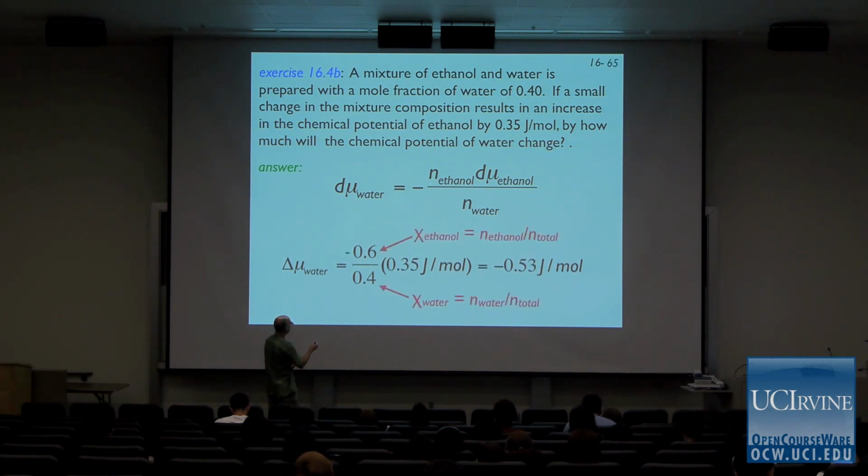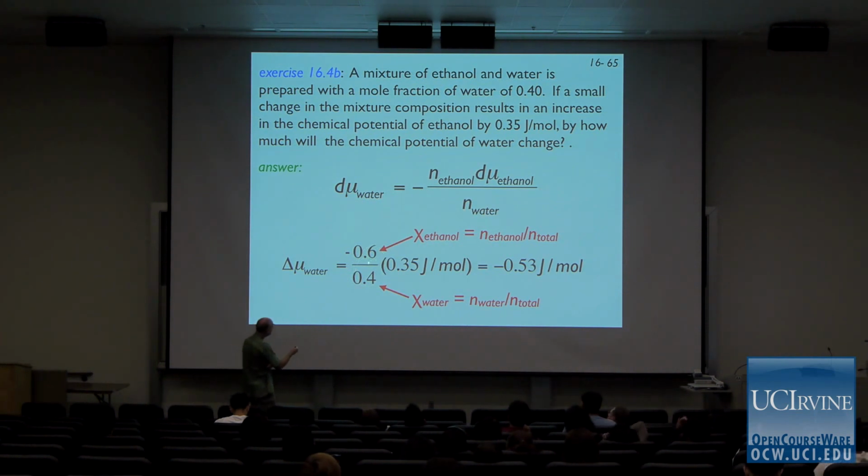The mole fraction is the number of moles of ethanol divided by the total moles in the system. We usually call that X sub ethanol. If I take the quotient of the two mole fractions, the total number of moles will cancel, and I just get moles ethanol divided by moles water. So this 0.6 over 0.4 is just these two mole fractions.